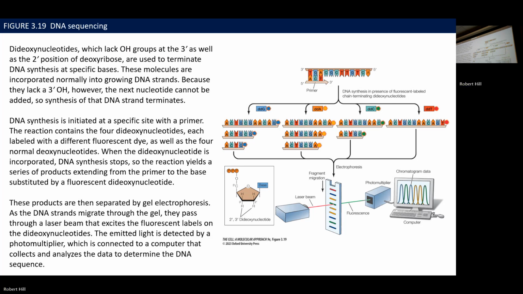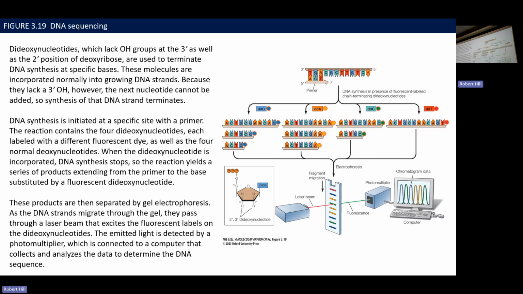triphosphates. All right. So the trick with the modified form of PCR is you have to add the dNTPs and the ddNTPs in a specific ratio so that as the amplification is occurring, randomly, you will get one of these that will incorporate into the growing strand.